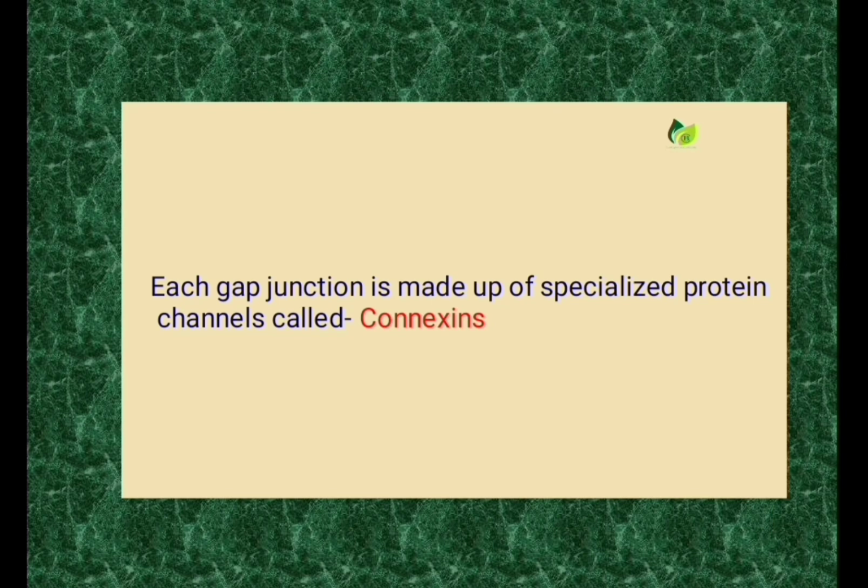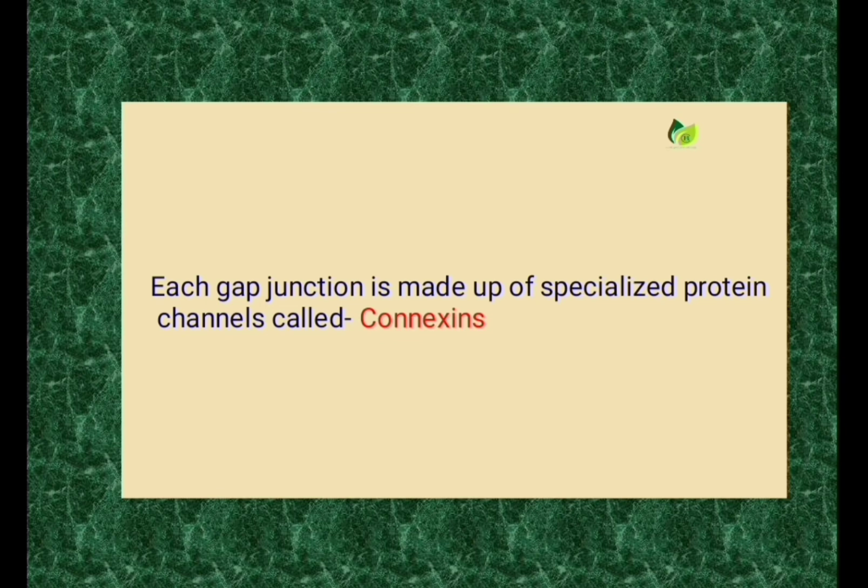Coming to the next question. Each gap junction is made up of specialized protein channels called connexins. Before leaving this question, do you know what gap junctions are? Channel proteins of opposite cells. You can remember this. So the proteins present in the plasma membrane are the channels for the transport of molecules inside and outside.